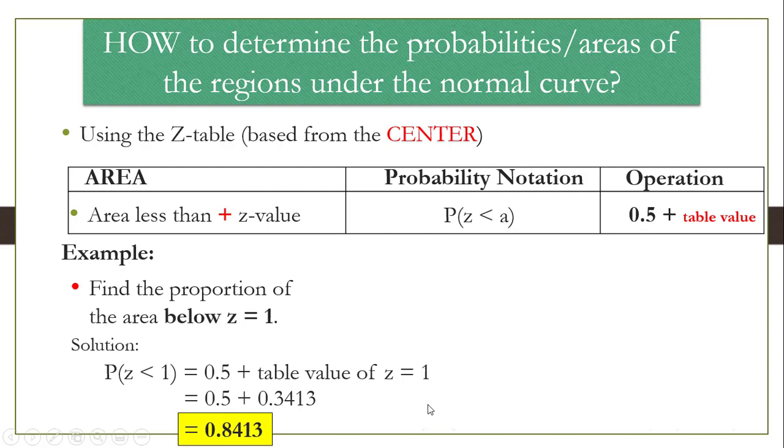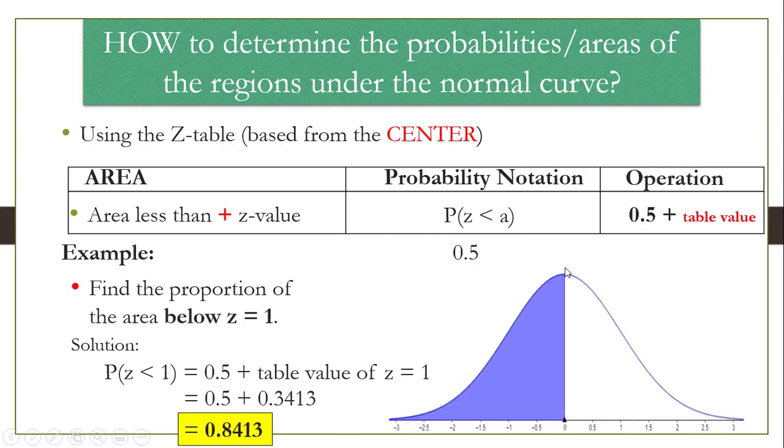Now, why do we have this operation? We have this 0.5, and we have the table value. Since the table value is based from the center, it always starts from the center to a particular value, which is 1. This would be the pink area. We are looking for the area below Z equals 1, so from here and all of this.